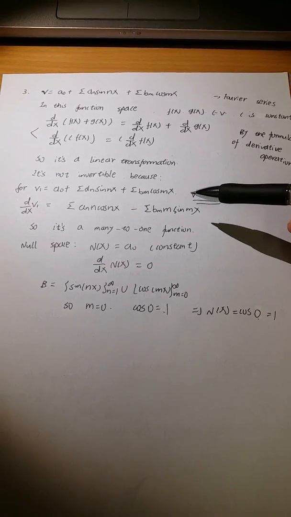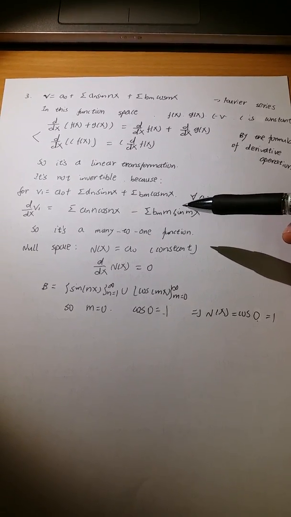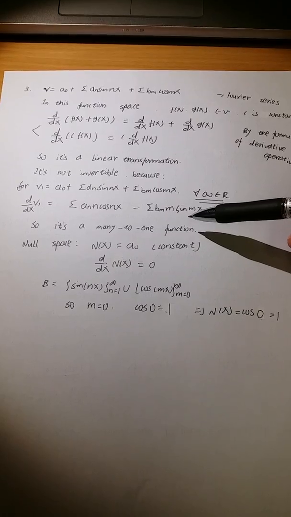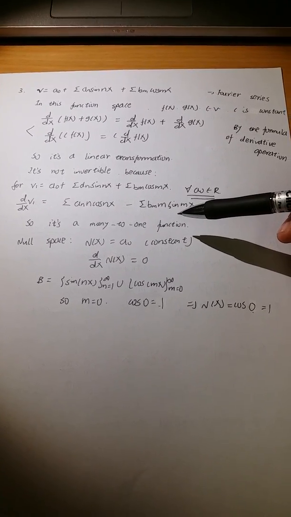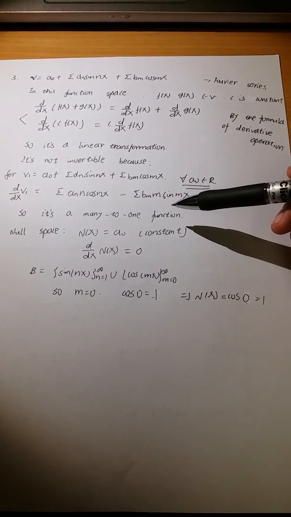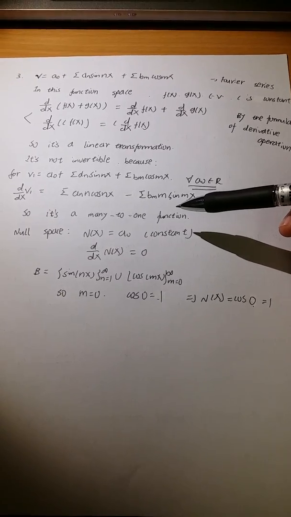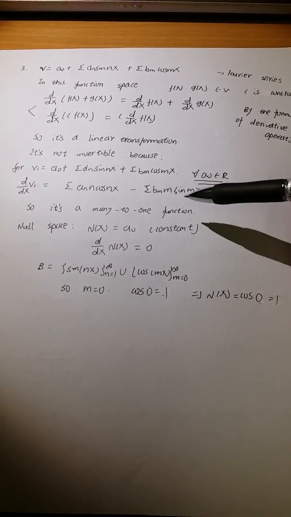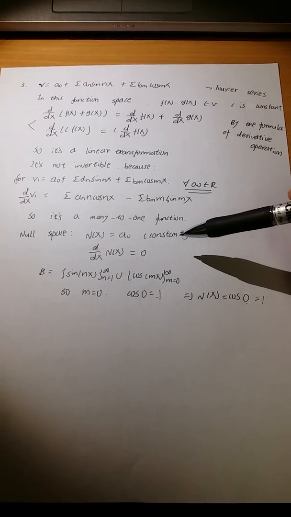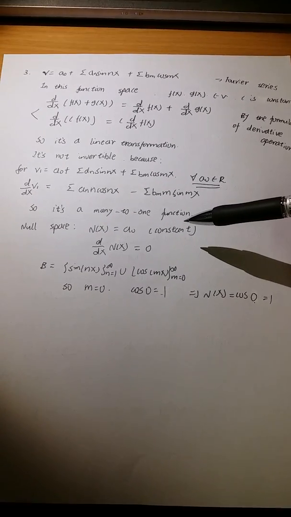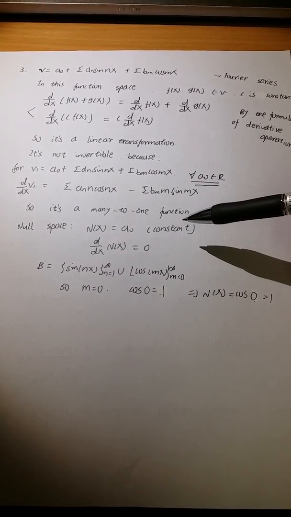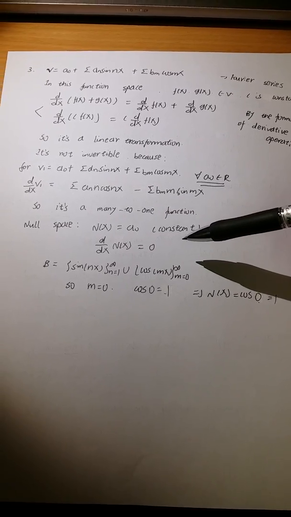But the differentiation of a constant equals 0, so it's not a one-to-one bijective function. However, it's a many-to-one function, so it's not invertible. Since it's not invertible, it must have a null space.